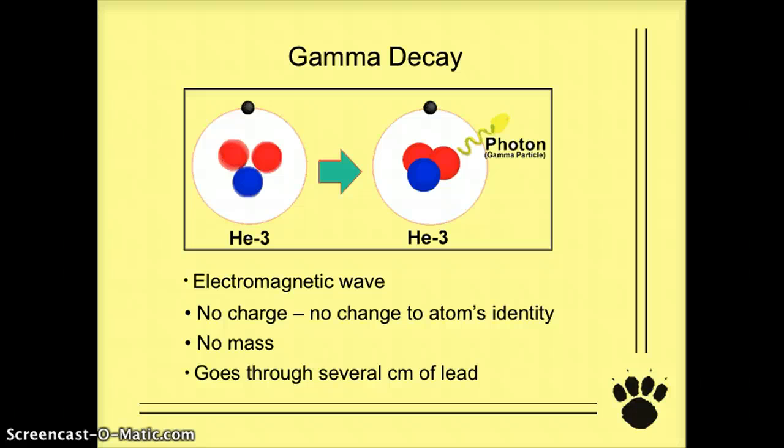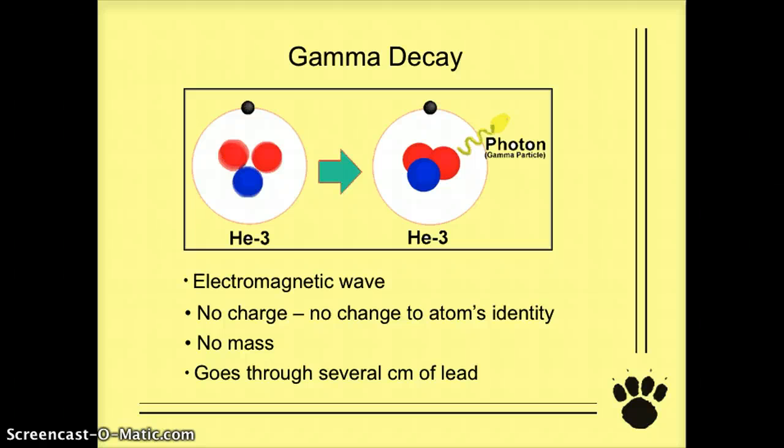They have no charge, there's no change to an atom's identity, no mass, and it is powerful enough that it goes through several centimeters of lead. Mostly we are thinking about gamma rays coming from outer space, where we have discussed that before.